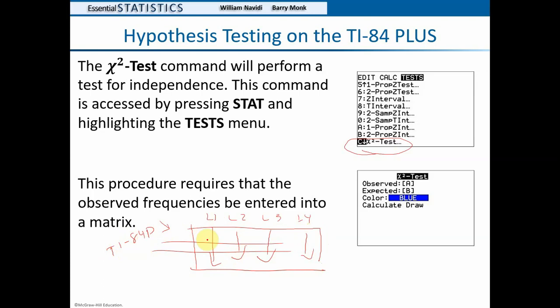TI-84. That would be your contingency. You just enter. Select your chi-square test.